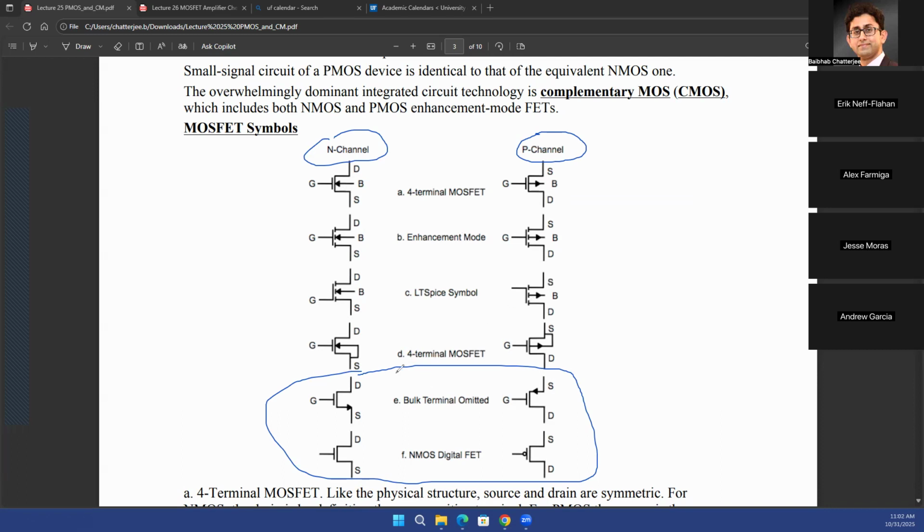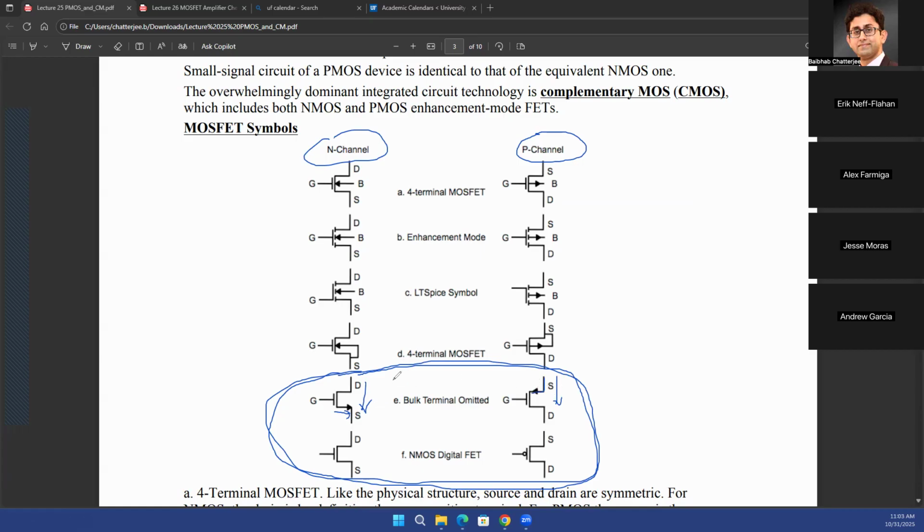When we teach about circuits, or if you are using Cadence tools, which are much more modern, I would say, they are only using these last two sets of symbols because this is much more simplified. You have an NMOS when your current flows out of the source, because current is flowing from drain to source. If you have a PMOS, your current is flowing from source to drain, so your current is flowing into the drain.